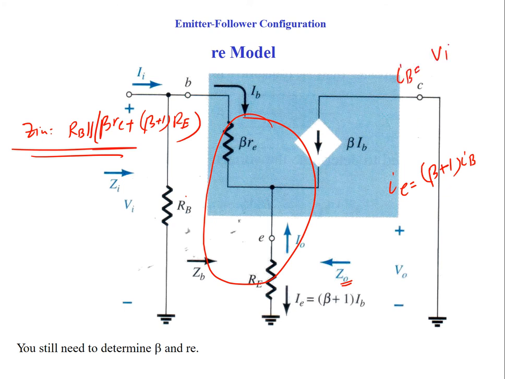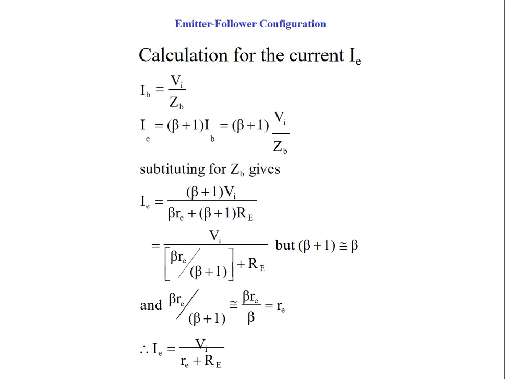IB is the input voltage divided by the base impedance ZB. If you put the values here and simplify, finally we can derive that the emitter current is the input voltage divided by RE plus RE.